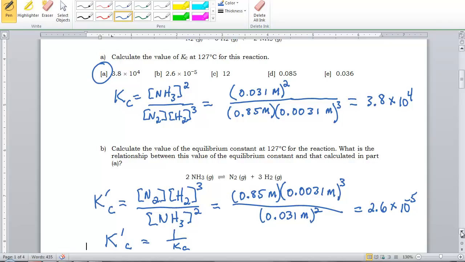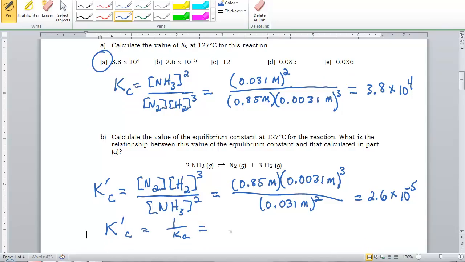Okay? And so we could have more easily calculated this. Now again, we're looking at a sig fig issue here. We'll see if this actually comes out the same because we rounded this first number. But this new equilibrium constant, K prime, is just the inverse. Reverse the direction of the reaction, and our equilibrium constant is the inverse of the original.